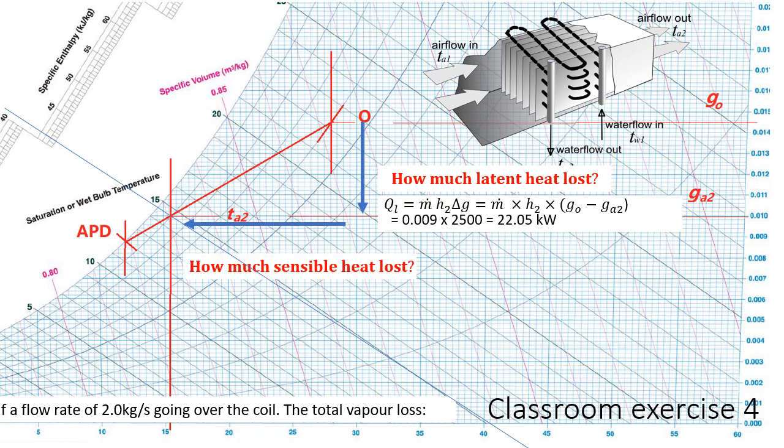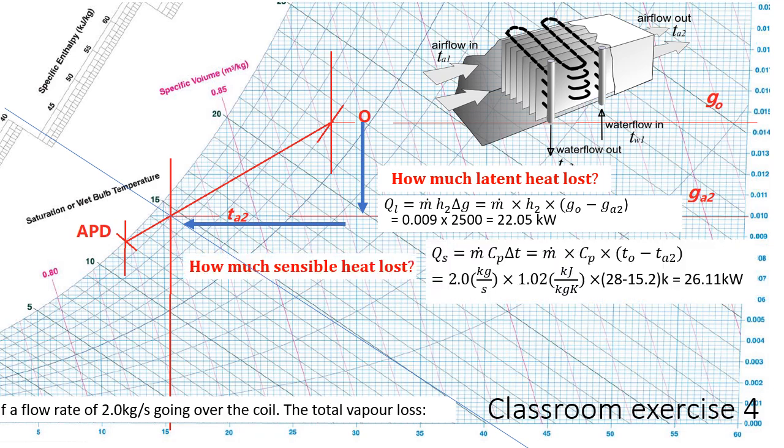Right, so how much sensible heat? And we know this already. Sensible heat QS equals mass flow rate multiplied by specific heat of air multiplied by temperature change of the air. So, m dot multiplied by Cp air multiplied by TO minus TA2.